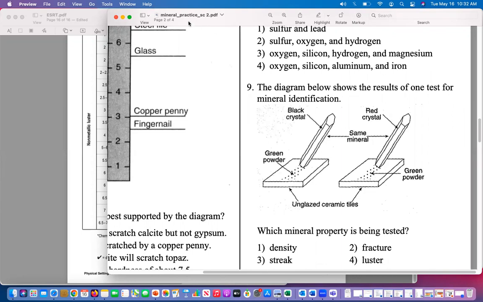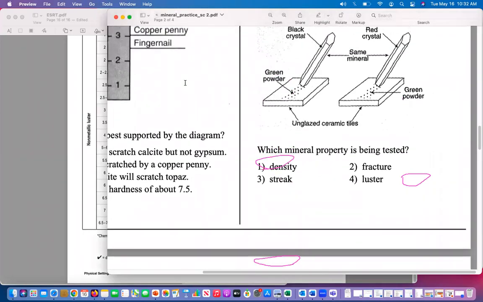As soon as I see you're taking the mineral powder, there is one test that I'm thinking about, and it is streak. You're testing streak when you're looking at the mineral's powder. When you're rubbing it across a plate for the powder, you're testing for streak. So 9 is 3. Number 10.